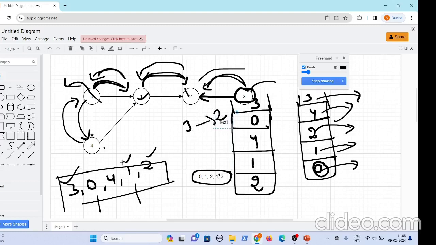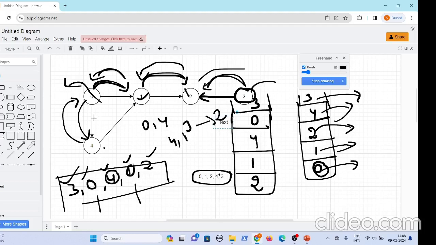If you see, 3 is here and 2 is here. This is also following the topological order. Now the edge from 0 to 4: 0 should come first and 4 should come next. Okay, 0 came first and 4 came next. And there is an edge from 4 to 1. 4 should come first and 1 should come next. 4 came first and 1 came second.